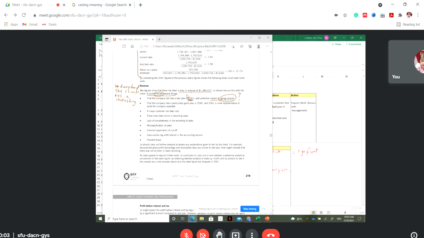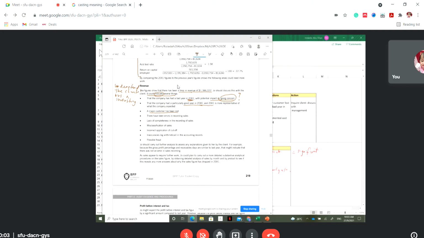Okay, that the company had a particularly good year, 2000X0, and 2000X1 is more representative of what the company expected. Okay, good year 2000X0, but 2000X1 is not what the company expected. So that is only an indication that you should ask yourself. So that's why I said you must be skeptical. Major customer has been lost, so you need to inquire with the management.